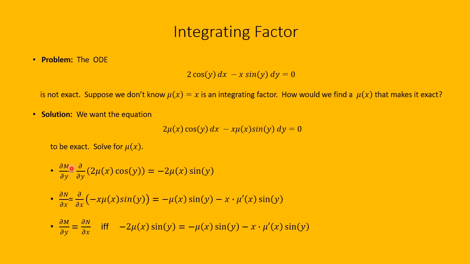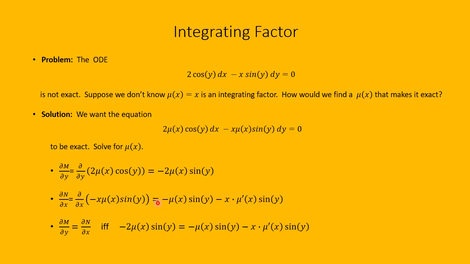The partial of M with respect to y, the partial of this factor right here with respect to y, just turns out to be -2 mu(x) sin y. The derivative of the cosine is minus the sine. Similarly, if we differentiate this N with respect to x, after a little bit of calculation, we find that it's equal to this.